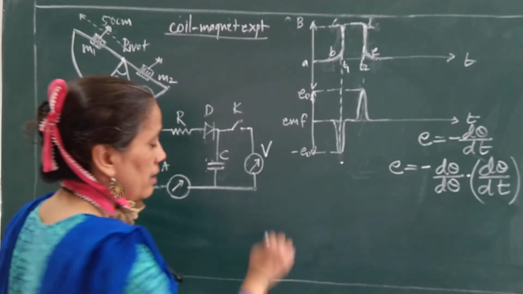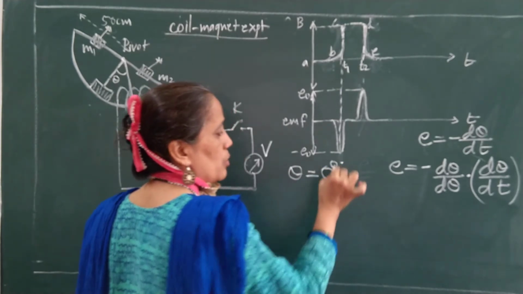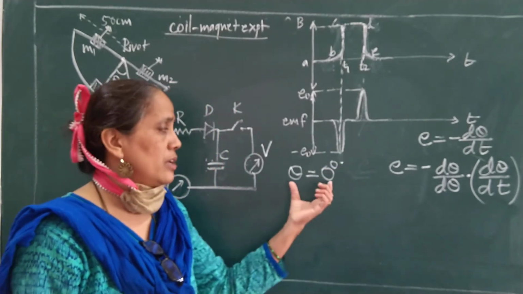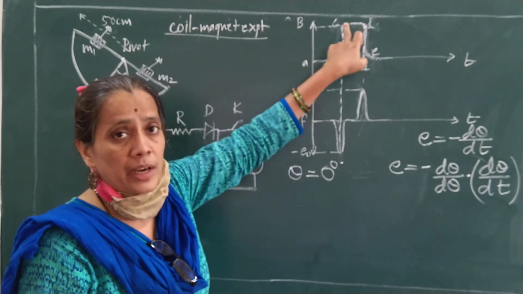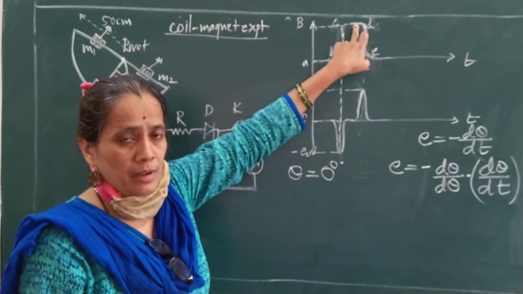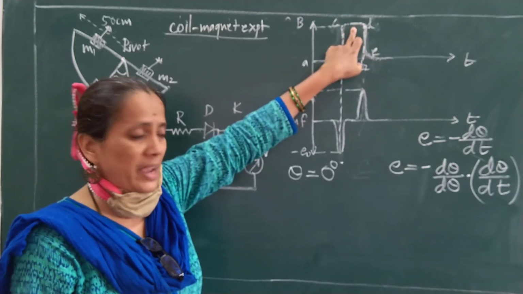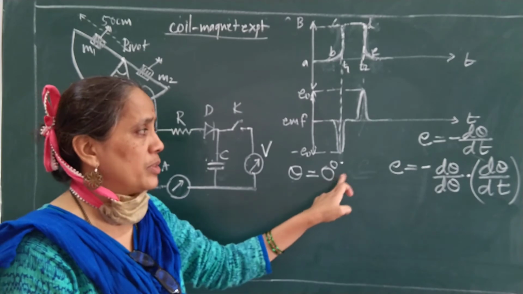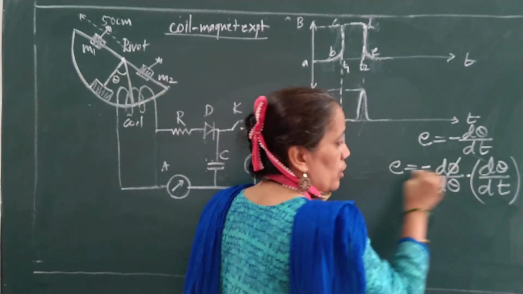Now what is the thing here? When the magnet is at the mean position, theta value is 0. Theta value is 0 degrees means what? Magnetic flux is maximum, indicated by the CD portion. Magnetic flux is constant, magnetic flux is maximum, theta is 0.